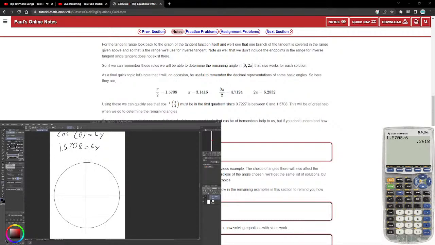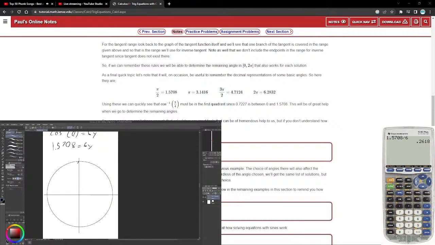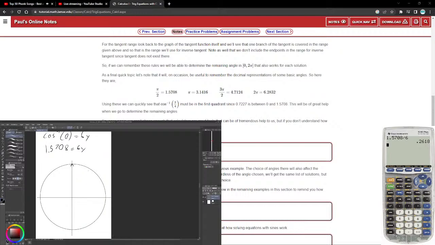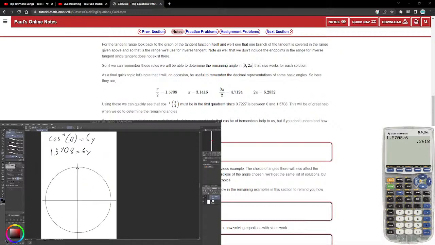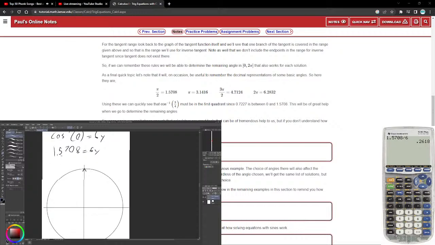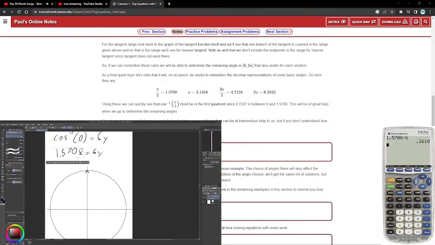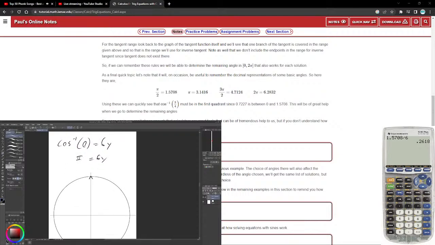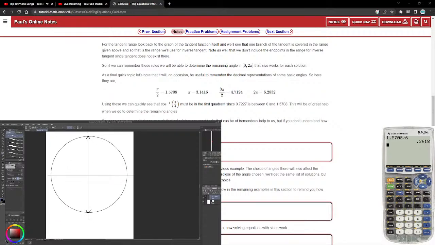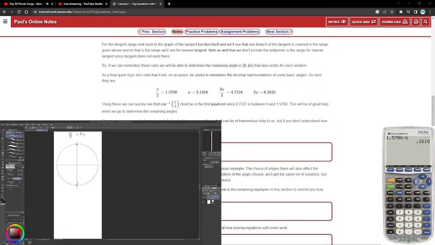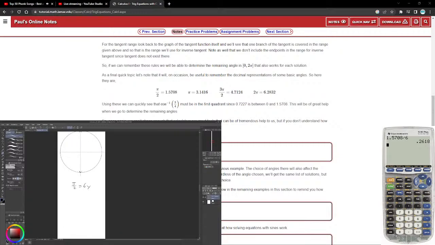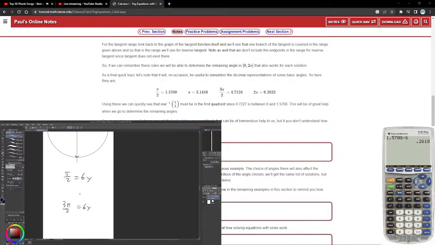So you could just say pi over 2 equals 6y. Hold up. Pi over 2 equals 6y, 3 pi over 2 equals 6y. Divide by 6 for both.